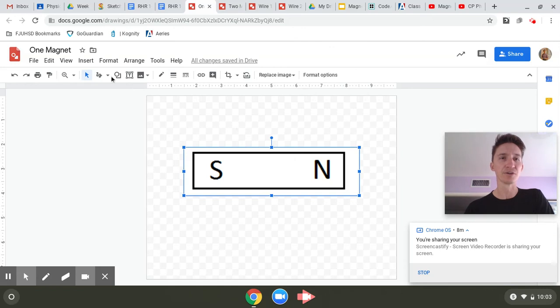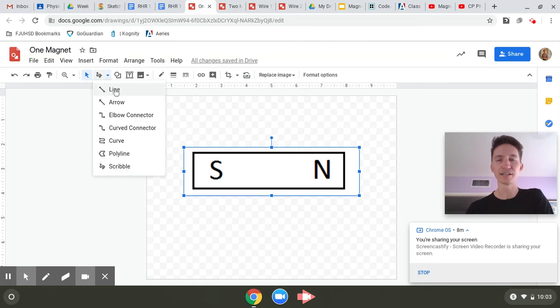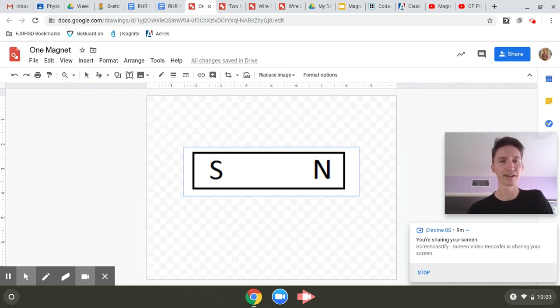What I'd like you to do, if you want to be super strict, you can use line. I am kind of lazy, so scribble. Again, I don't need precision. I bet a lot of you are going to have fun ways to modify color, this and that. But first of all, what are the internal domain directions?